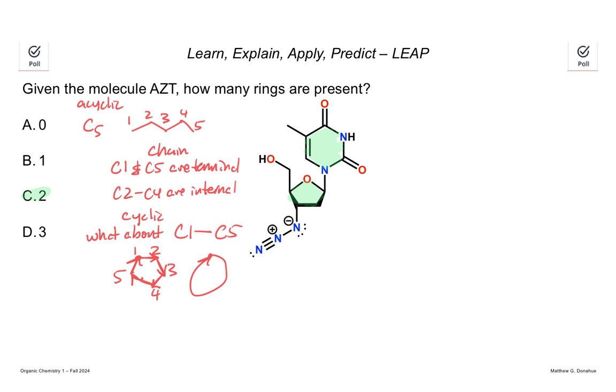Now you can't do that in an acyclic compound because you start on carbon 1, you go to 2, 3, 4, 5, you're at the end point. You can't get back, you're not back at carbon 1. You'd have to retrace your path, but then you're not going in a ring. And so these are just more words of describing the structural features present in molecules, acyclic versus cyclic.